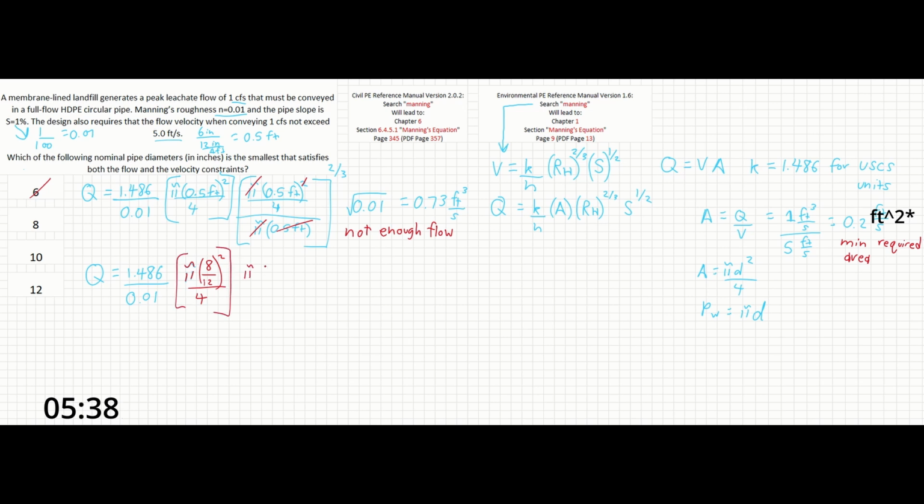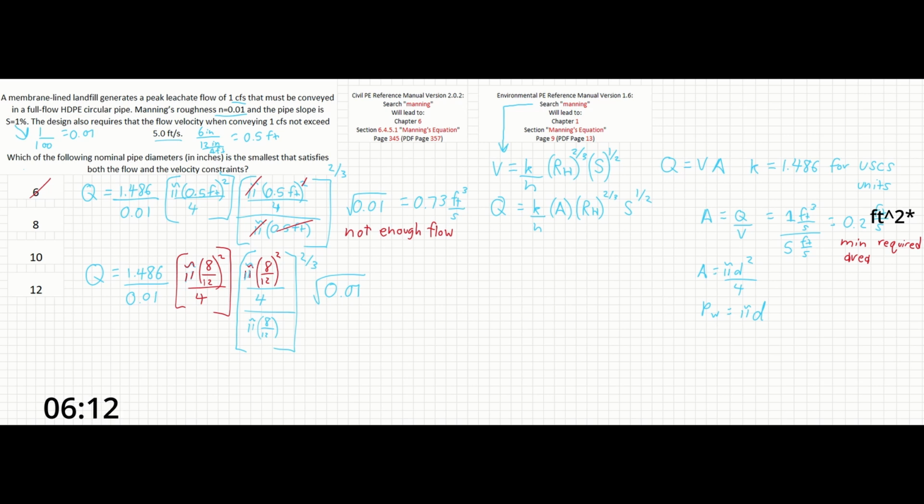So that's going to be pi times 8 over 12 squared again, quantity over 4, over pi times 8 over 12. Red is just supposed to help highlight what's changed between the equation above and this current equation. And then our slope is going to be 0.01 again.